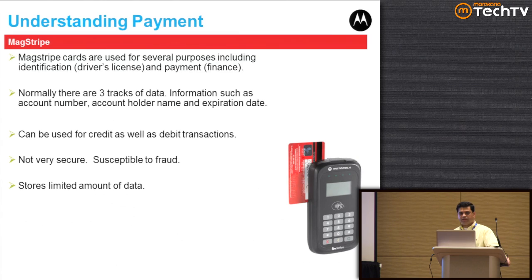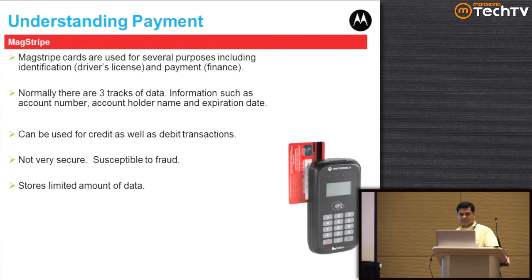Okay, coming to that, today in the US, a lot of us have credit cards, and they're all MagStripes. Maybe a few of us have smart cards, but many of us have only MagStripe. MagStripe is good for payment. MagStripe readers could also do other things, like driver's licenses and other applications. Normally, there are about 3 tracks.